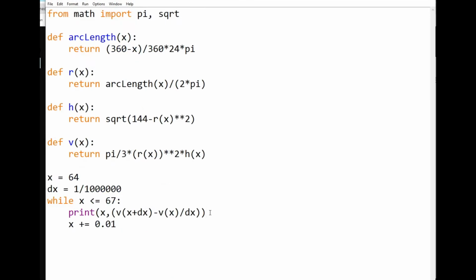Here's a good lesson about the order of operations. We actually want V of x plus dx minus V of x, that whole thing, we want that to be divided by dx. Then close that. Yeah. Let's try that.